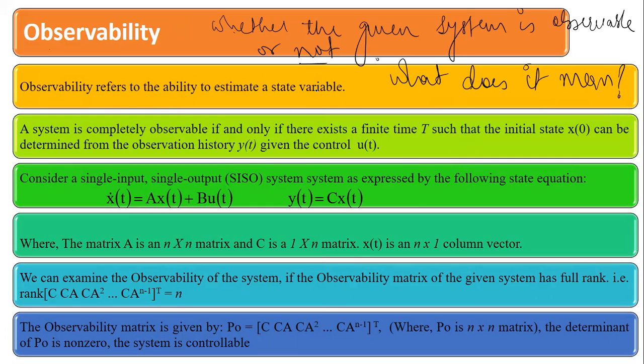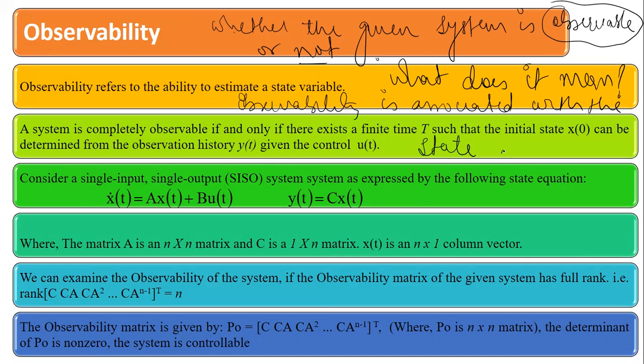Observability here is something which is associated with the state of the system. What is that thing which has to be observable? It is the state of the system. The state of the system should be observable.